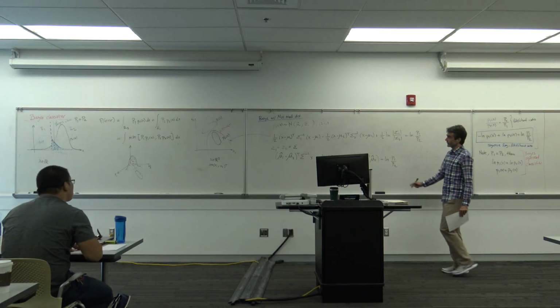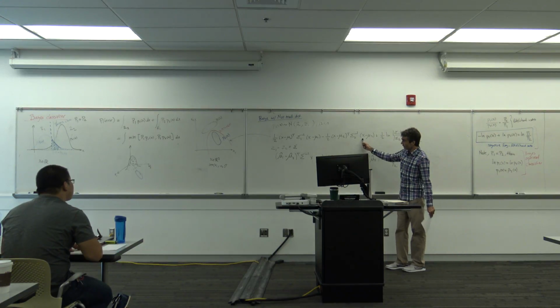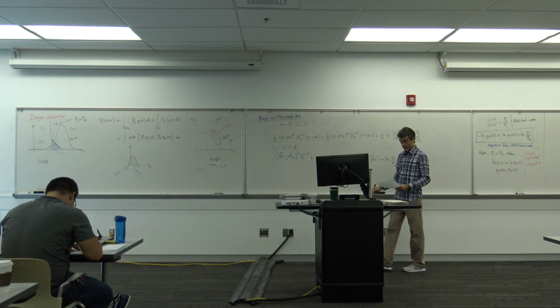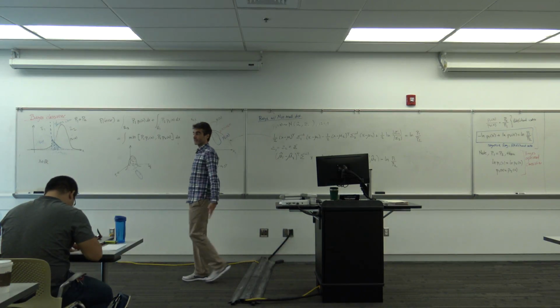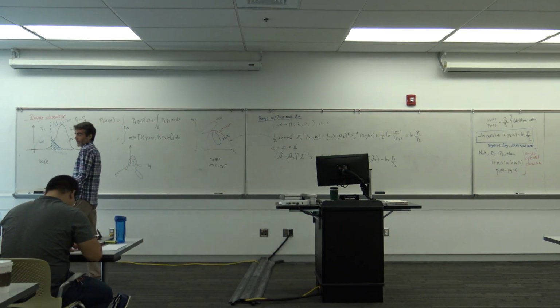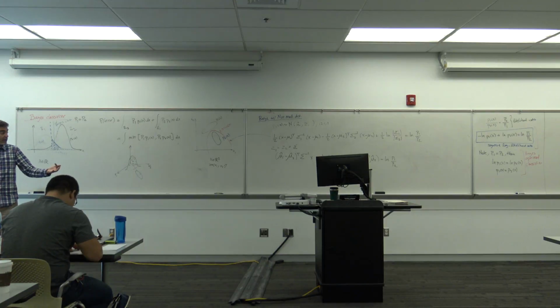What just happened? What was a quadratic equation is now a linear equation as a function of x, right? So now our x squared has disappeared from the equation, and all of a sudden I have a linear equation in x.